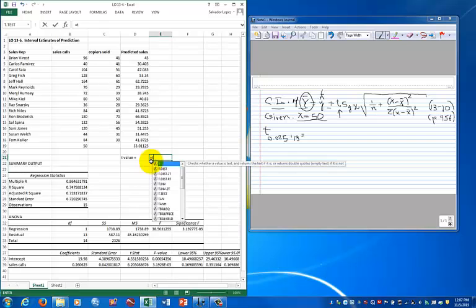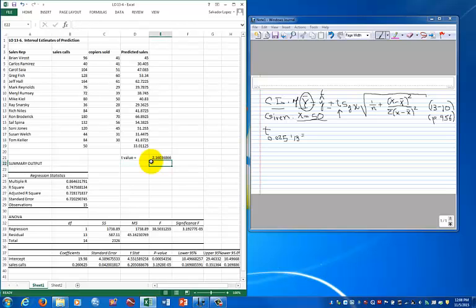Remember, we're calculating t, so we type T.INV. Well, it says two tails already here, so let's select two tails. And in this case, we just specify the alpha, 0.05, and degrees of freedom 13.